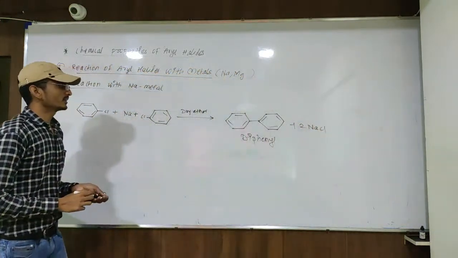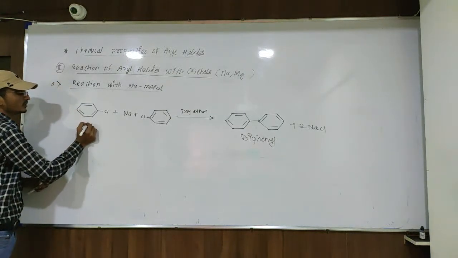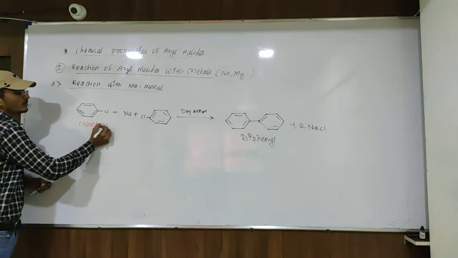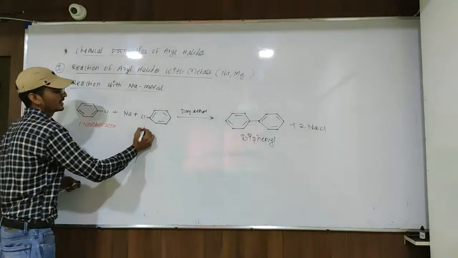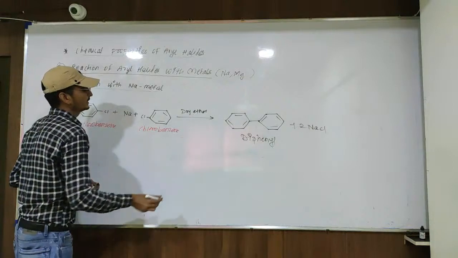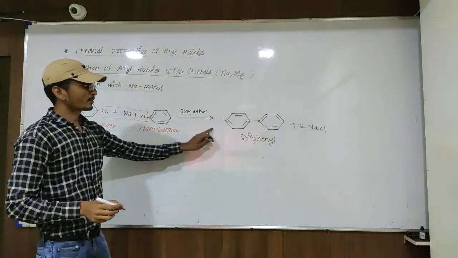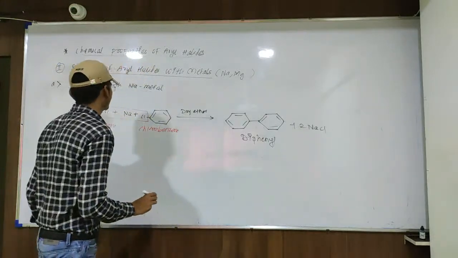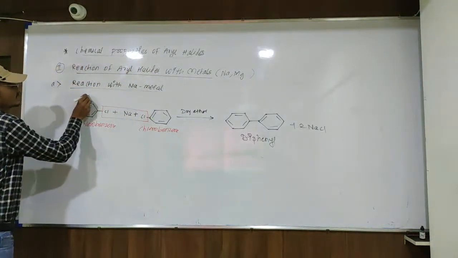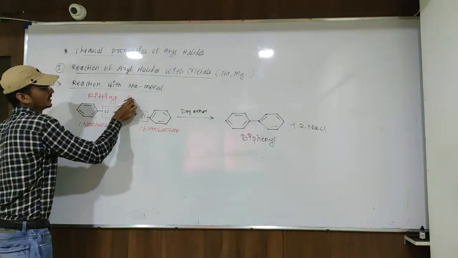So what is this reaction? When two molecules of chlorobenzene react with sodium metal in the presence of dry ether as a solvent, you will get diphenyl as a product, and such a reaction is called the Fittig reaction. When is it called Fittig?